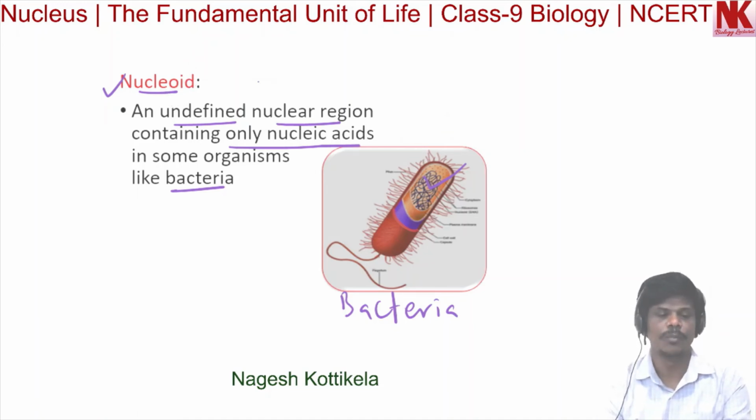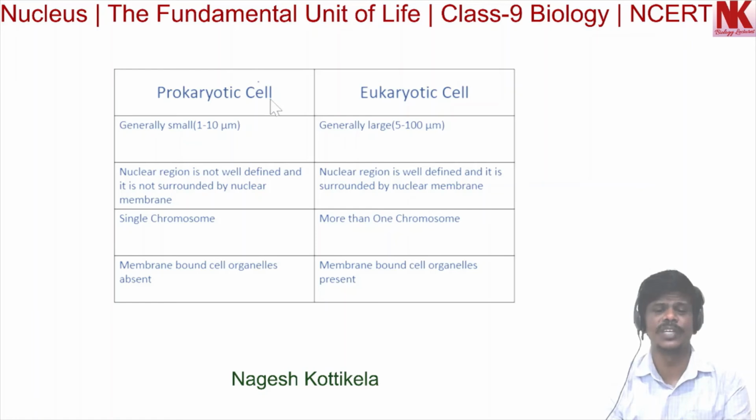Now moving to the next, the difference between prokaryotic cell and eukaryotic cell. First of all, prokaryotic cells are generally smaller. They have a 1 to 10 micrometer size, and eukaryotic cells are generally large. The size is about 5 to 100 micrometers.